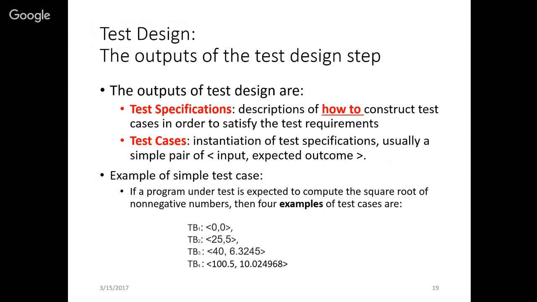An example of test cases, if we have a program that just calculates the square root, is, just arbitrary for example: 0, 0; 25, 5, which is the square root; 46, whatever; 100.5, whatever. These are the test cases that we test for. This is also something that we need to define. As we know, when you get the square root, this number can go on until infinity sometimes, right?